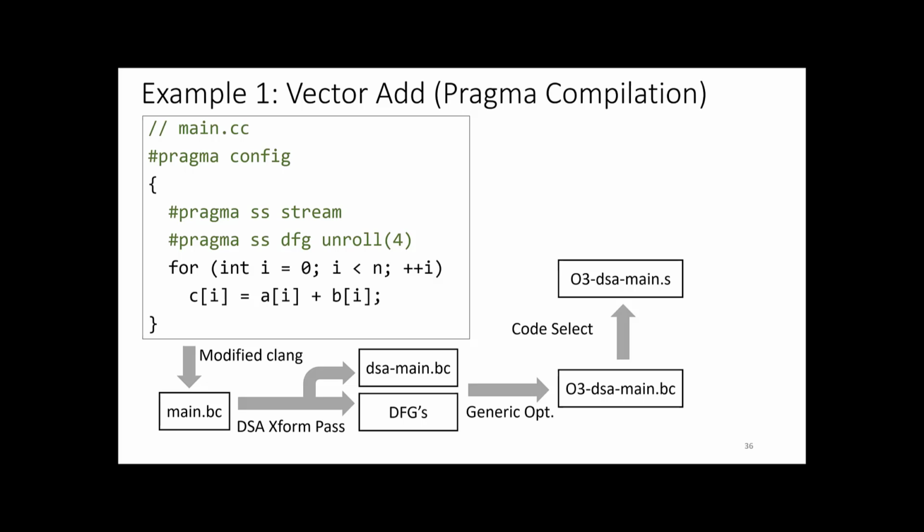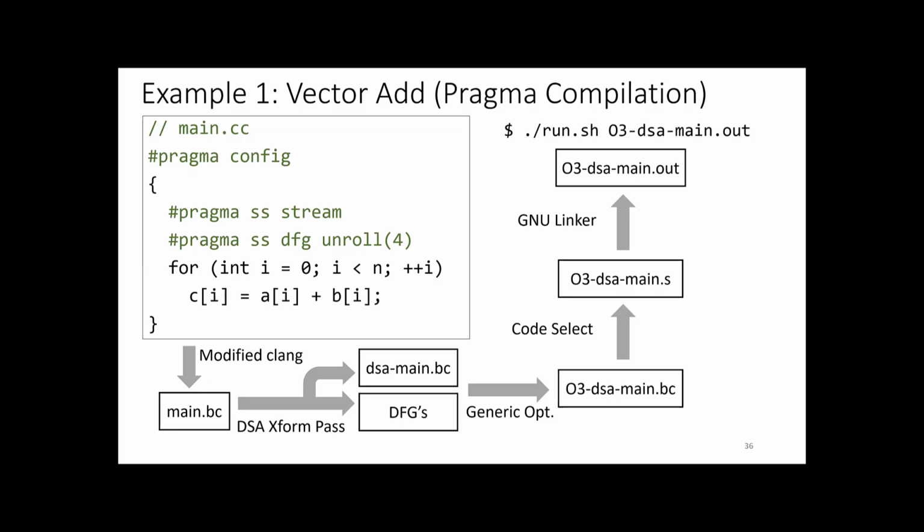We use LLVM's LLC to do code selection and dump the assembly code. So until now we are done with the LLVM stuff, and we then use the GNU linker to link this text format of the assembly code to binaries.